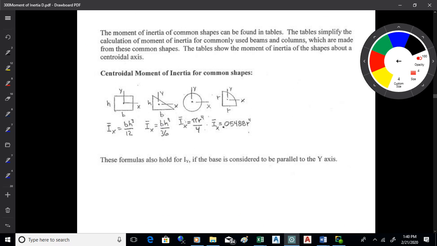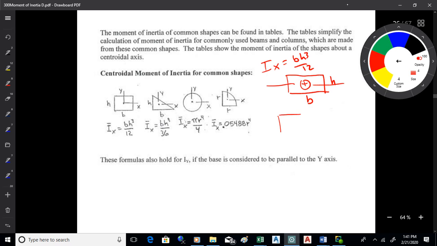Now, as I mentioned, a lot of these values for centroidal moments of inertia are kept in tables. And I've got a small table there on the bottom right of your formula sheet. Okay. Now, you can also use these tables to calculate I sub y also. Okay. So if this is the base and that's the height, you could say that I sub x is bh cubed over 12.